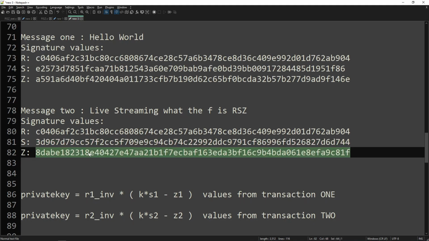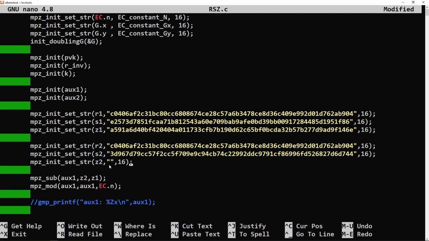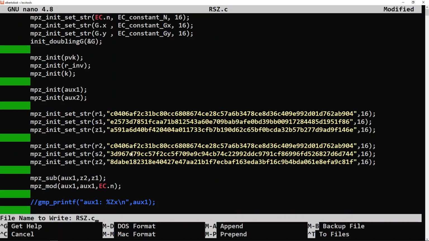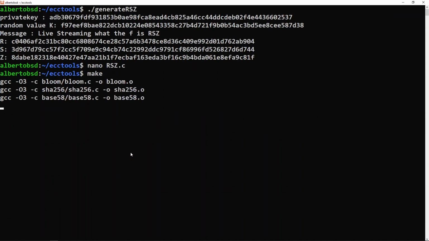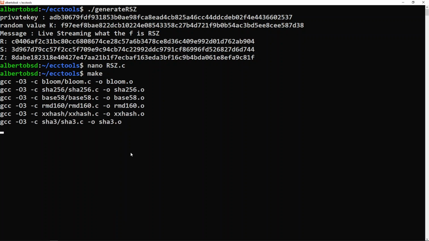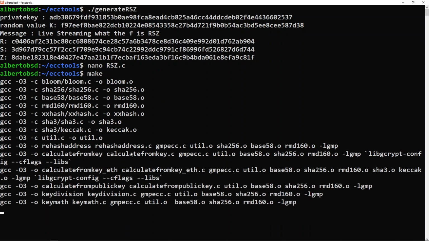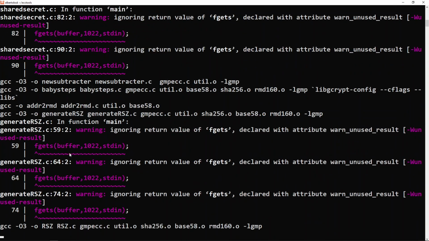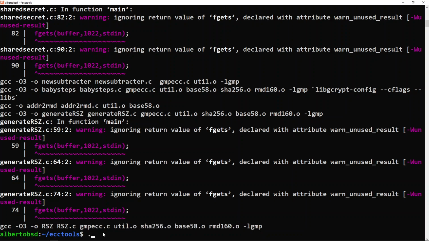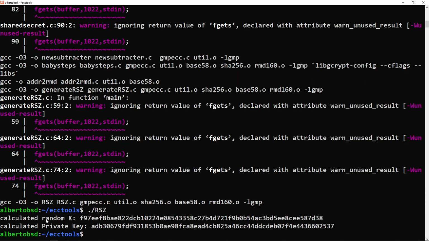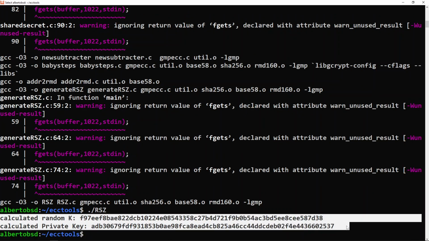And let's copy this value. Okay. Save and compile. This command is already generated, so let's execute that here as C calculate values.